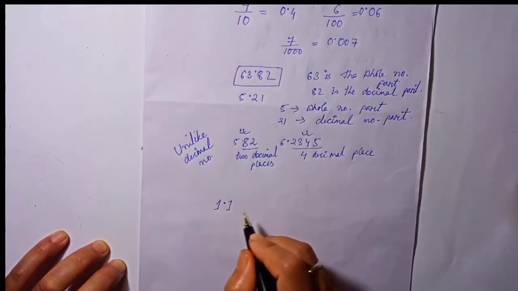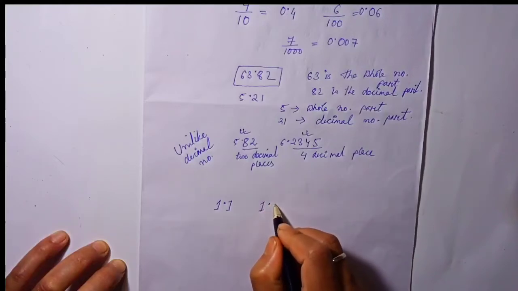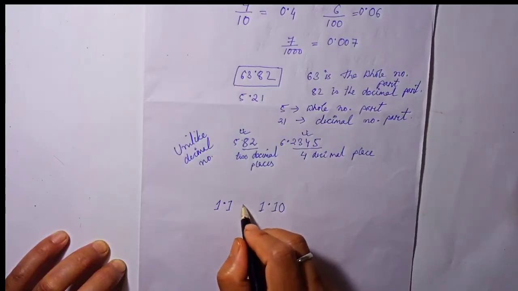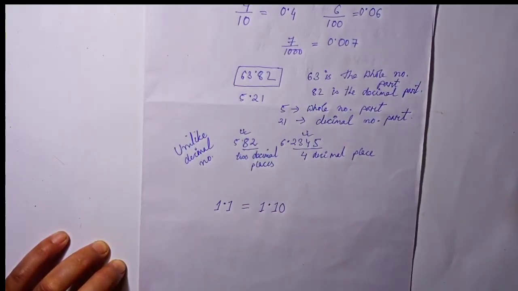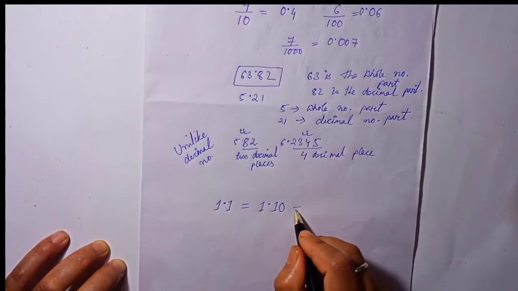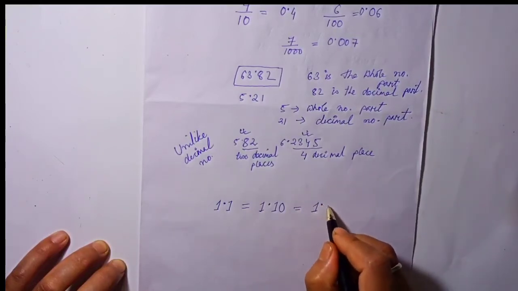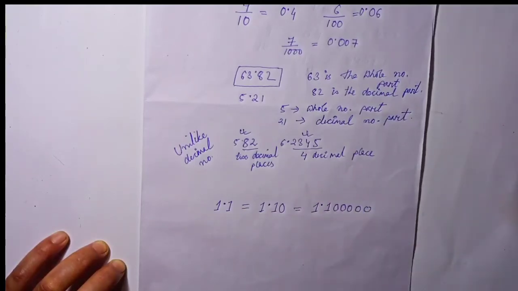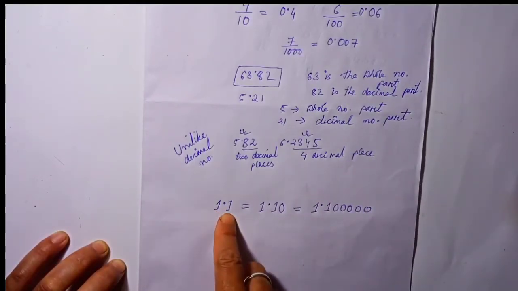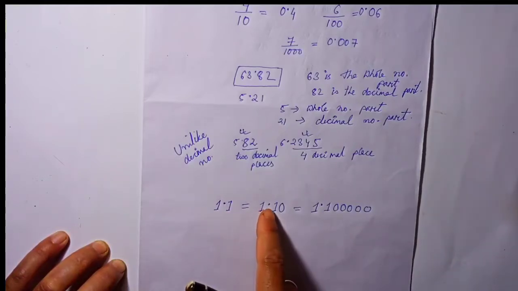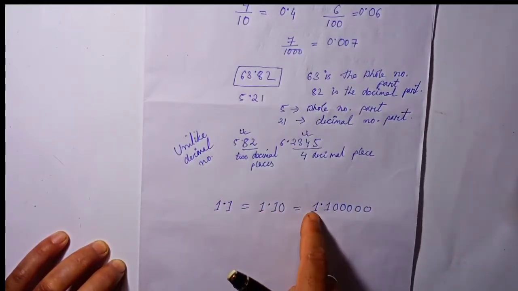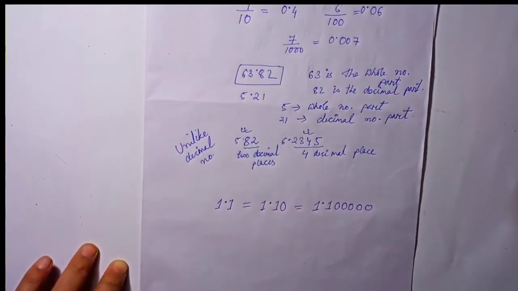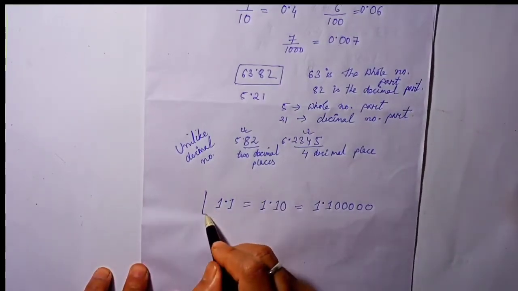According to the property, if I put a 0 after this decimal place, it makes no difference. Similarly, I can write as many zeros as I want. 1.1 is exactly equal to 1.10 and exactly equal to 1.1000000.